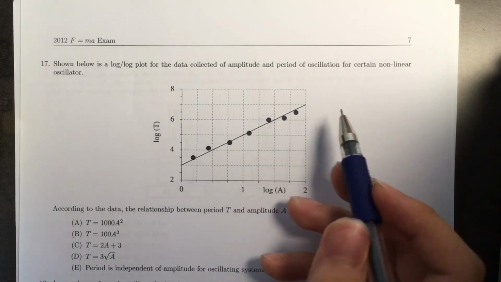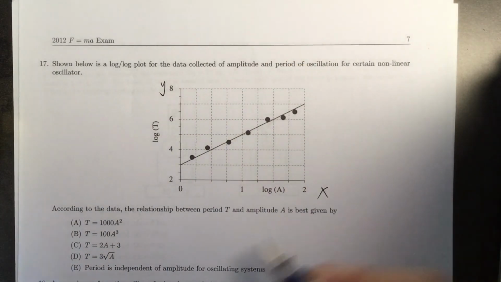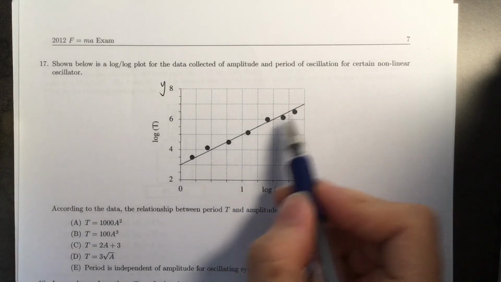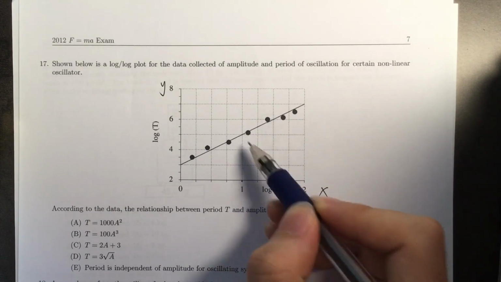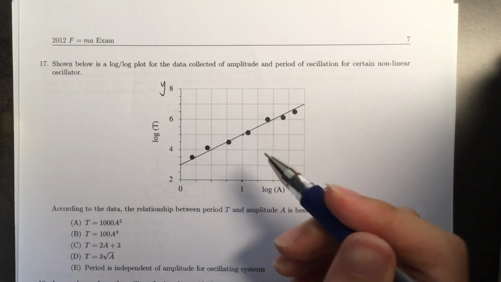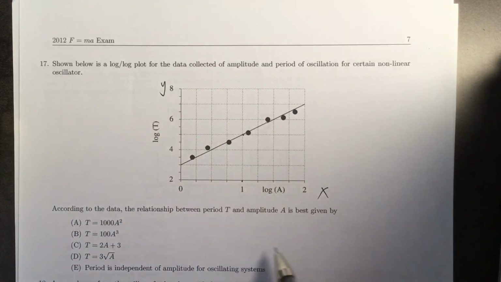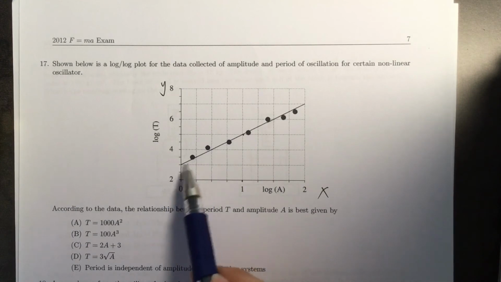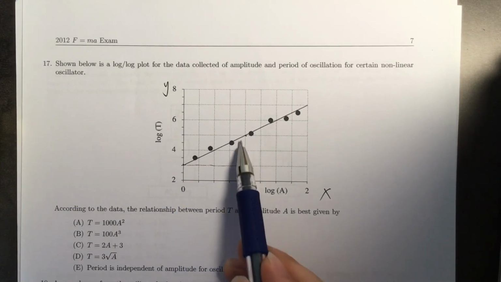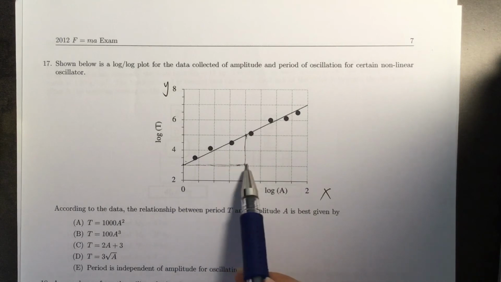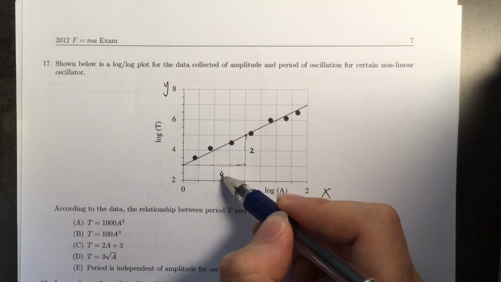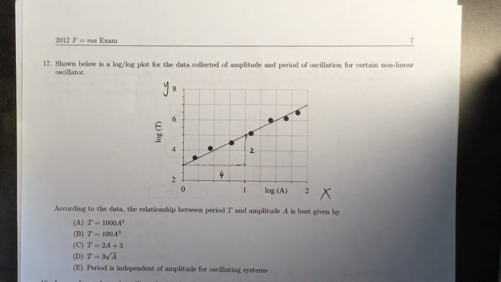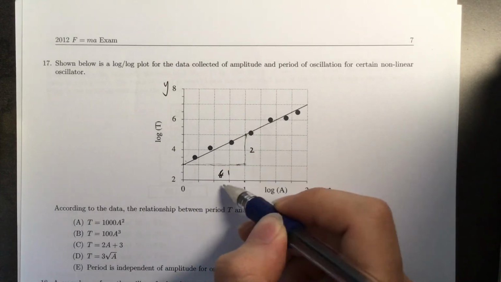Let's write out the function. This component is y, this component is x. So we know the slope of this function is equal to what? When x is equal to 1, y is equal to 5. So the slope of the function is, oh no, it's not 5, because 5 minus 3, rise divided by run, so 2 over 1, which is 2.